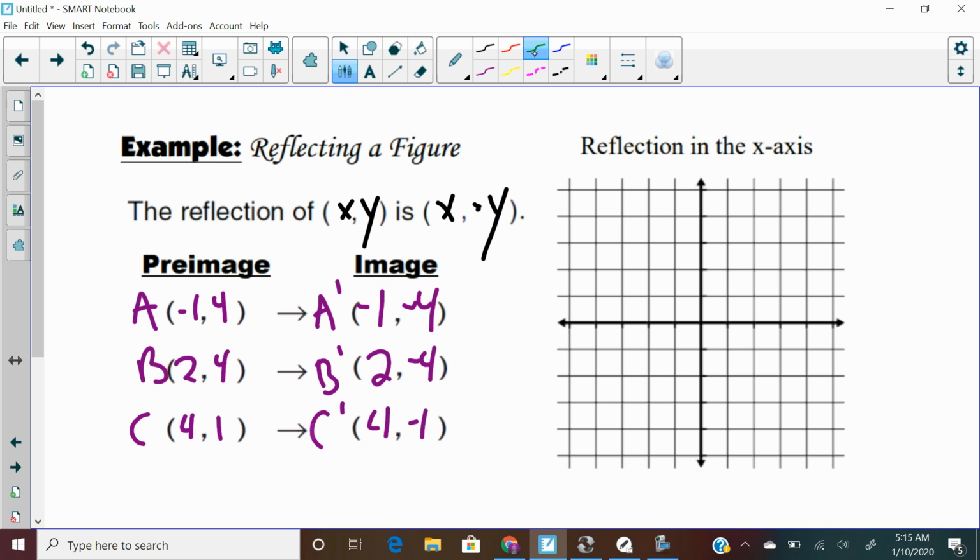My original shape was right there. When I reflect it, it's going to look like this.